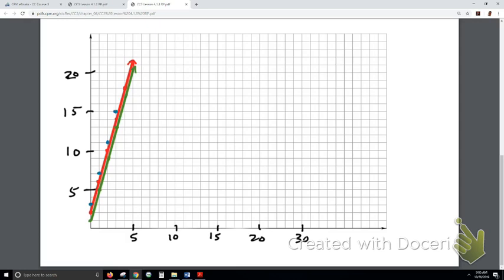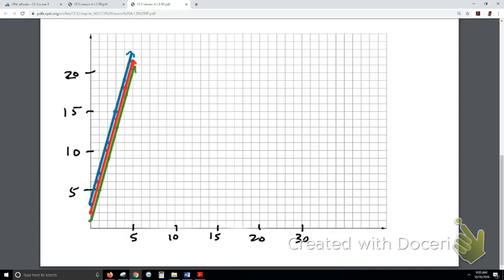And then (4, 19). Okay. Now, this is also another interesting graph because they're all very similar, right? In fact, these are what we call parallel lines.